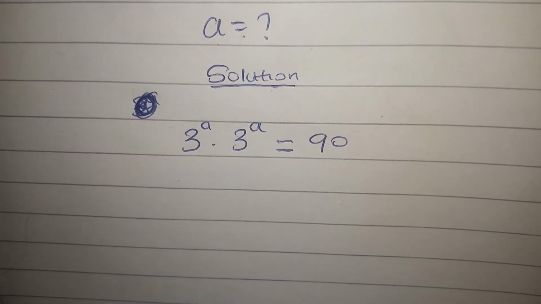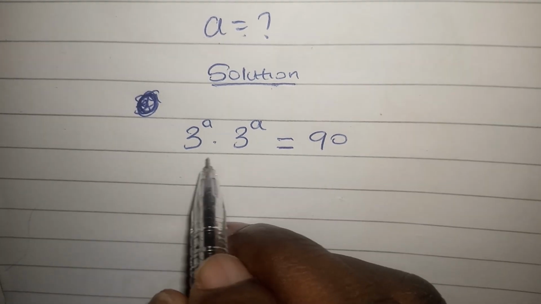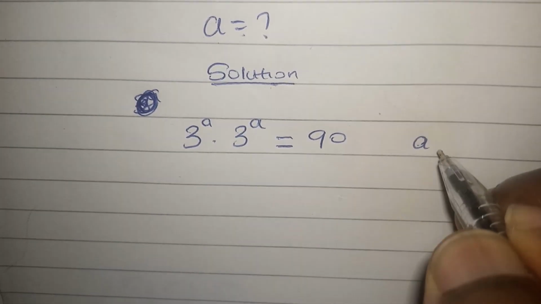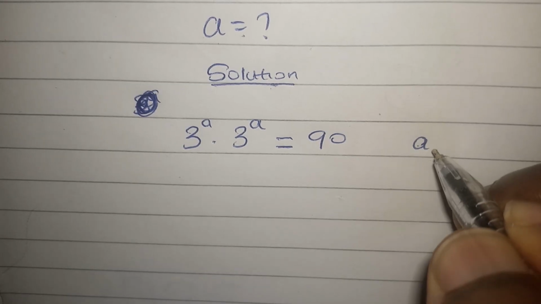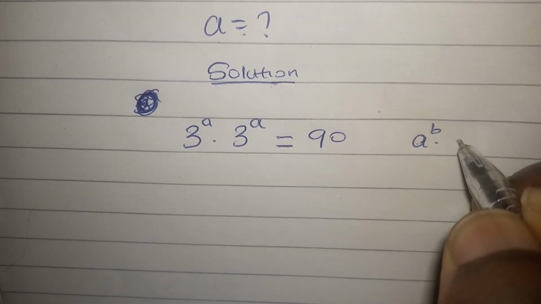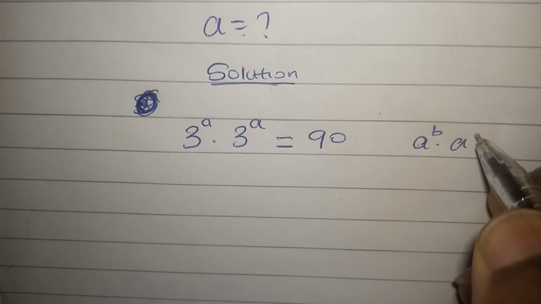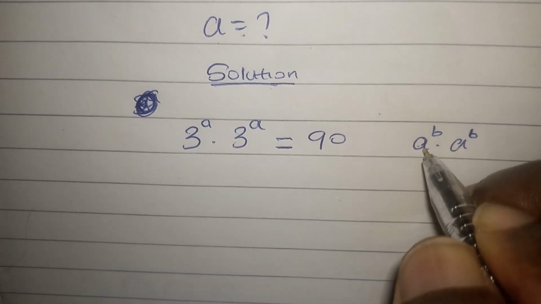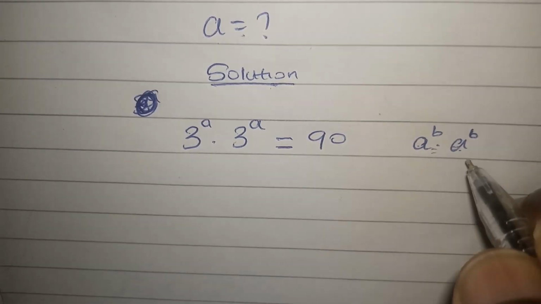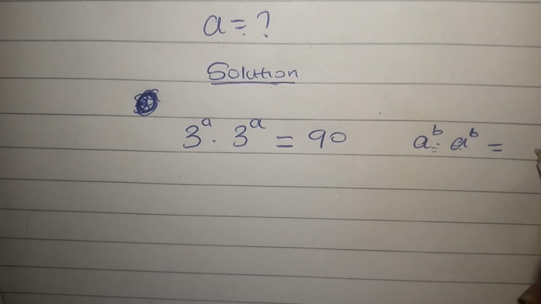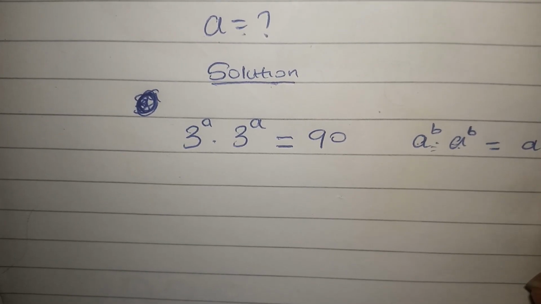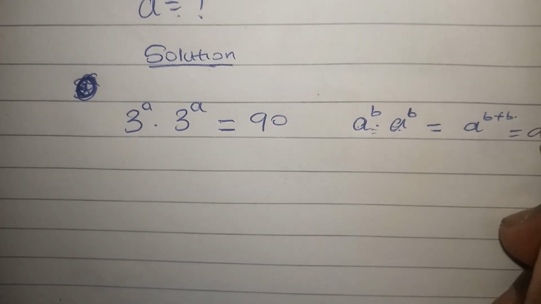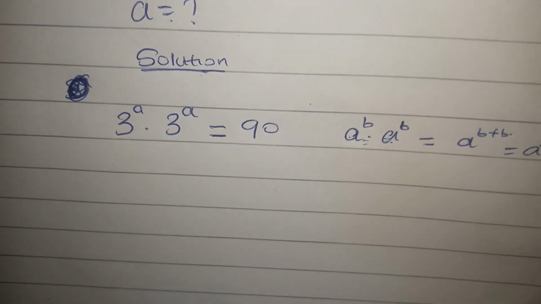Separating this, we are going to apply the rule which says that if you have a to the power of b times a to the power of b, since these bases are the same, we pick them as one and have a to the power of b plus b, which is equal to a to the power of 2b.